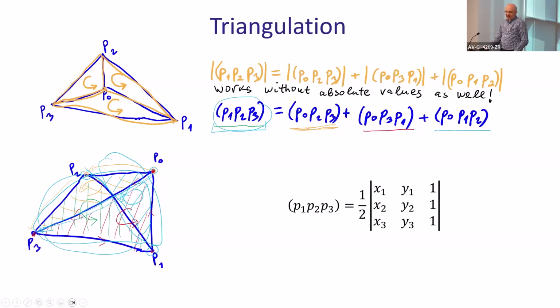So you're clearly already getting an area bigger than the area of the original thing, because I'm adding the area of that triangle now, extra area, okay? But then I'm saying plus P0, P1, P2. Pay attention that the order of points is negative, which is clockwise, right? Which means that area will be negative area. So I'm practically subtracting that area. So I said, this is that triangle plus that triangle minus that triangle.